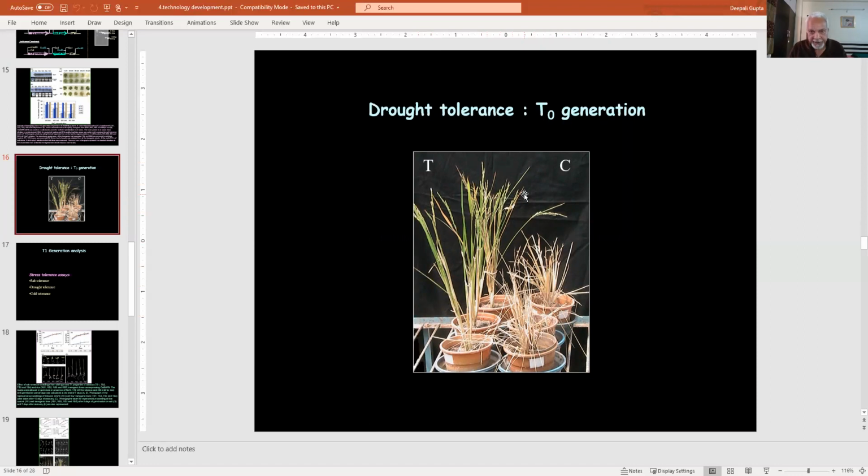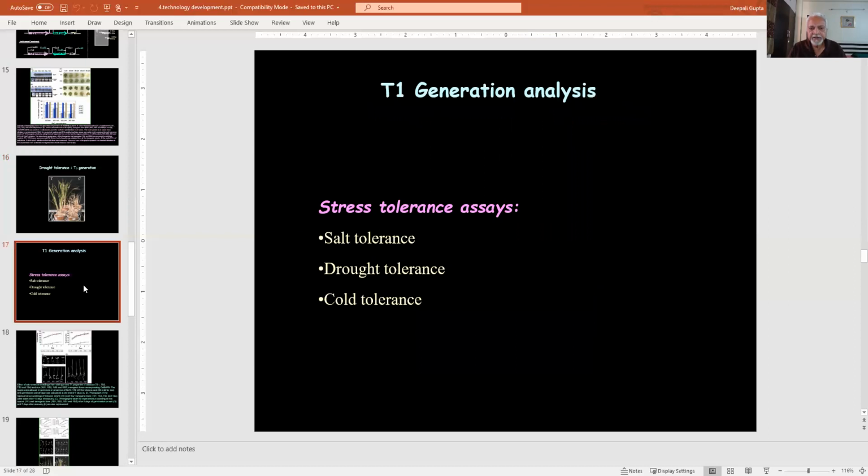So seeds were collected, and then further analysis was done with the seeds obtained from the tissue culture regenerated plants, or what we call T0 generation. And these T1 generation seeds were assessed for salt tolerance, drought tolerance, and cold tolerance.